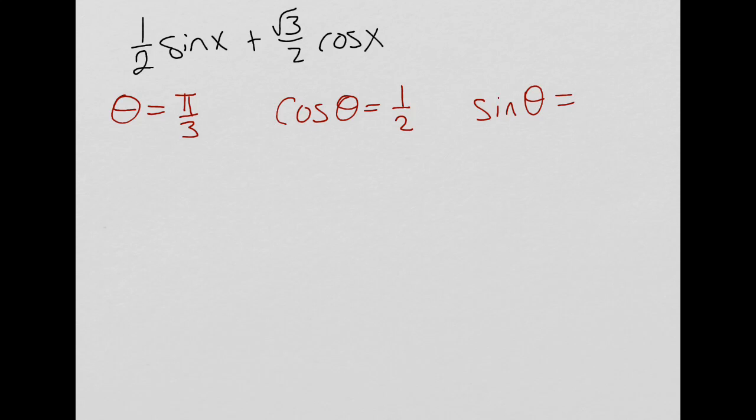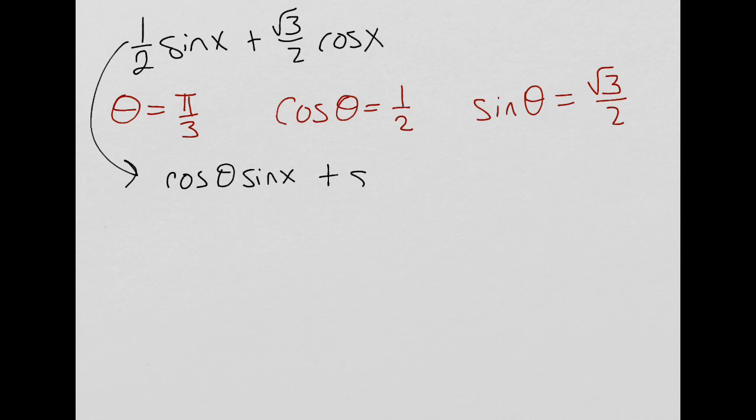And sine theta is equal to square root 3 over 2, which I have right here. Well, that means I can rewrite this as cosine theta times sine of x plus sine theta times cosine x.